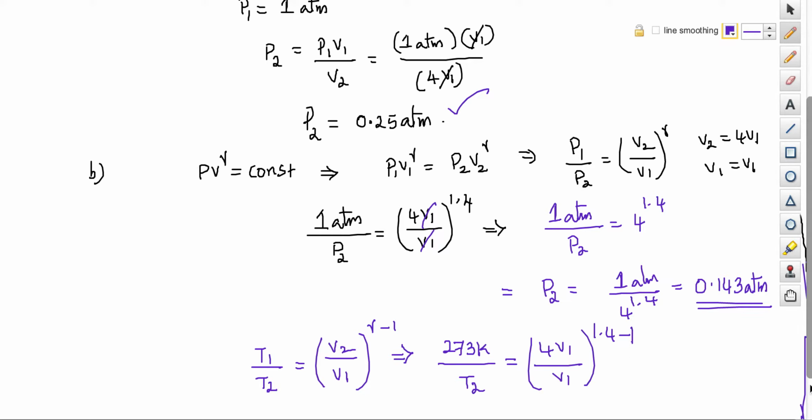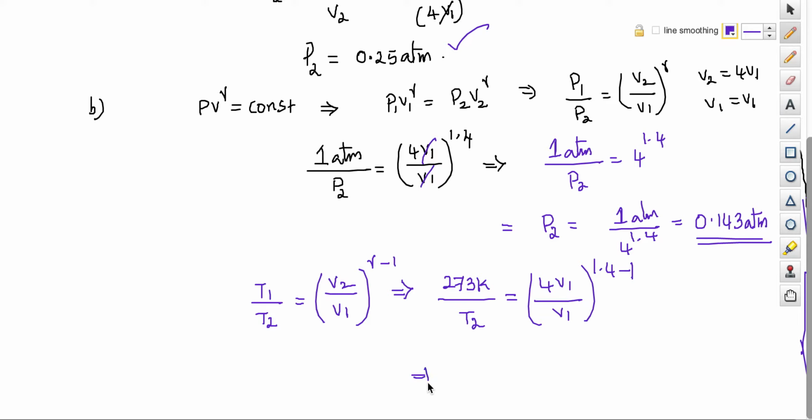That gives us 273 divided by T2 is equal to, V1 and V1 cancel out, we have 4 power 1.4 minus 1, which is 0.4. Finally we get temperature T2 equal to 273 divided by 4 power 0.4.